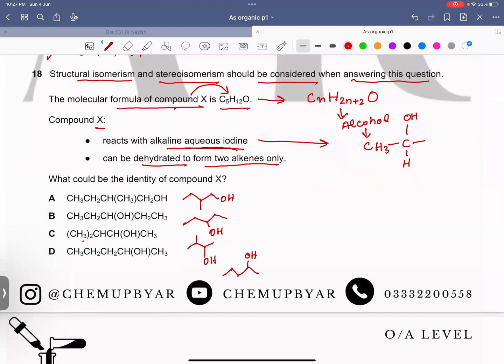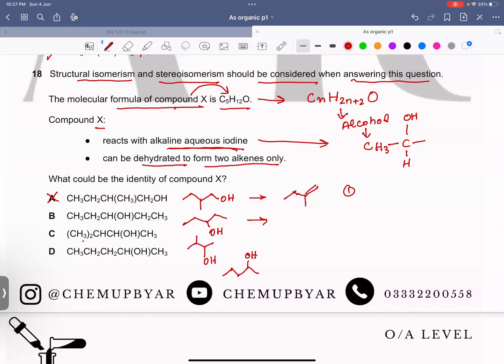So these are the structures. Okay. When I dehydrate this one, I'm going to get only one alkene. So A goes wrong.